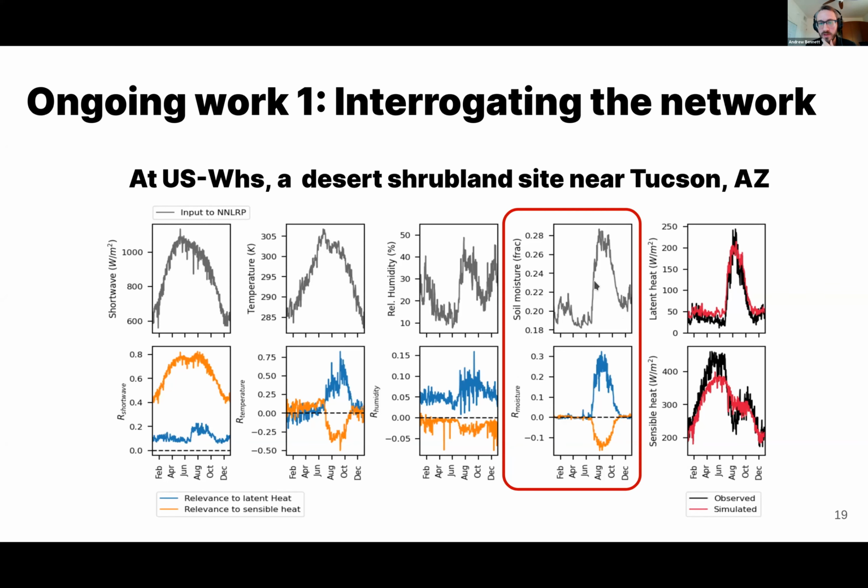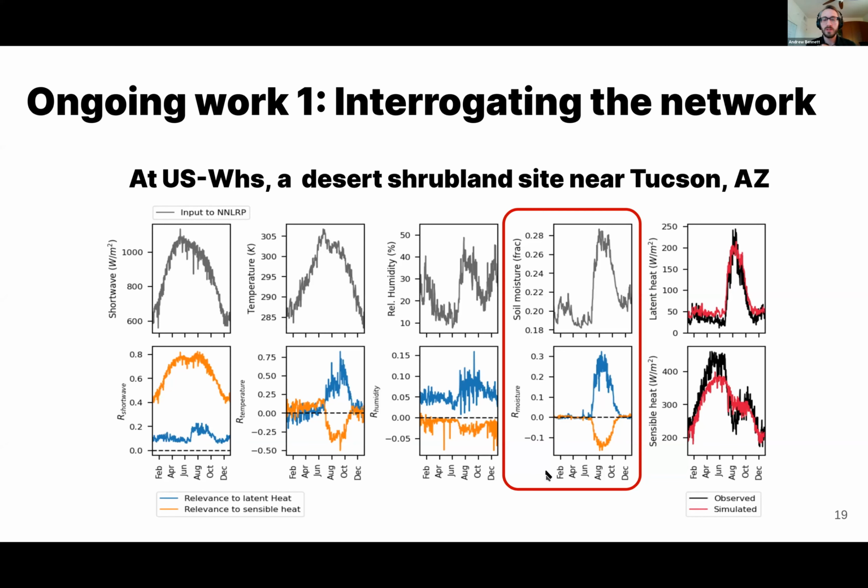And then as soon as we get these summer monsoons where we see soil moisture, the neural network starts to actually attribute some importance to this. And we see a really highly anti-correlated signal here. You can think about this as the neural network partitioning between latent and sensible heat. So it's basically saying, I have moisture now, I should do evaporation rather than heat up the soil.